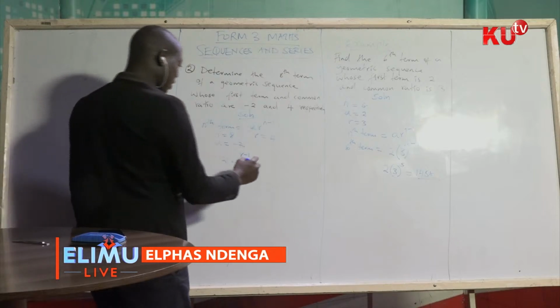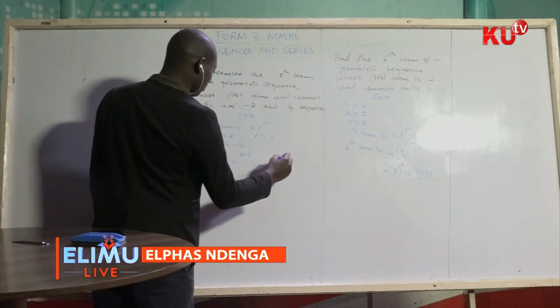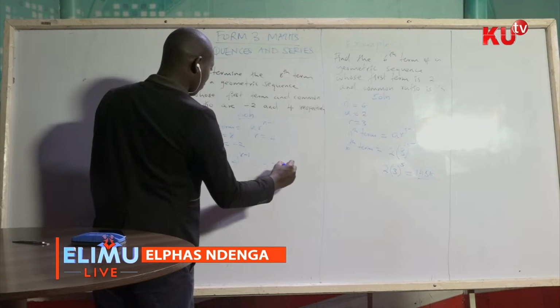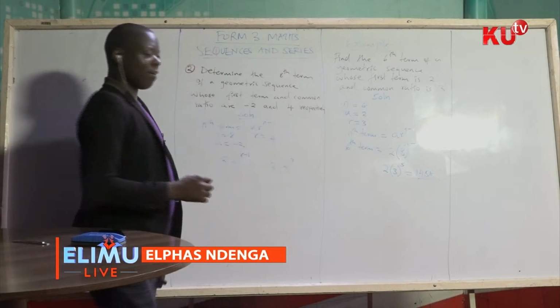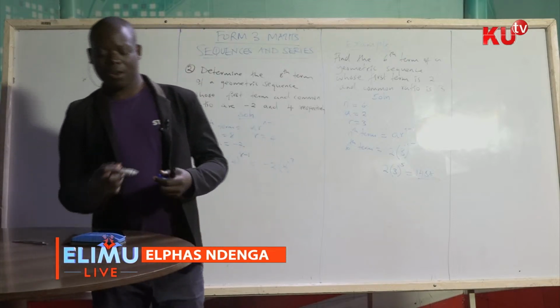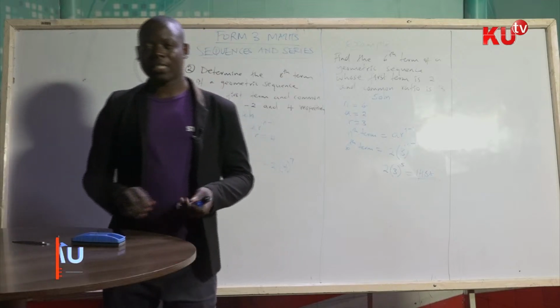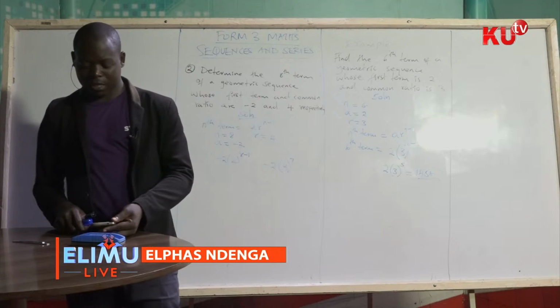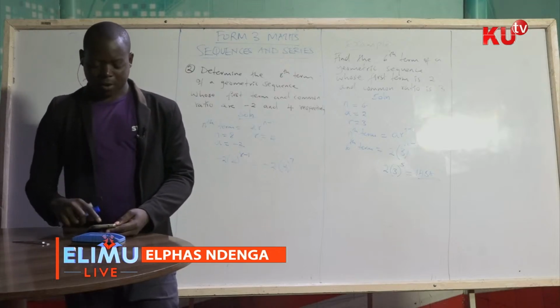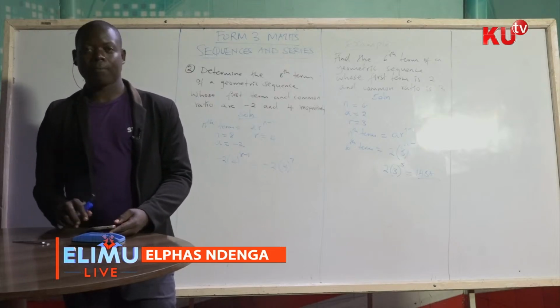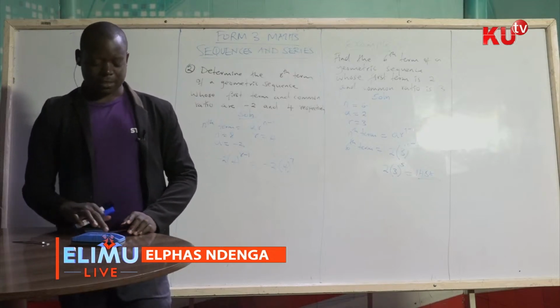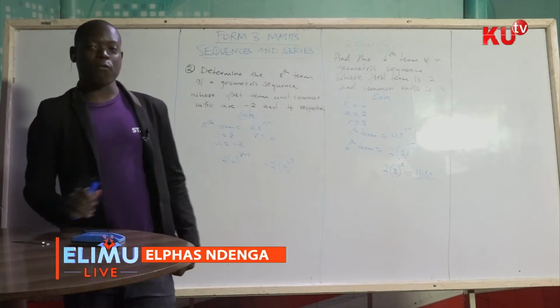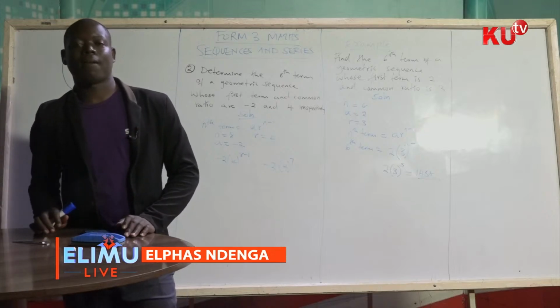That gives us -2 times 4 raised to power 7. Then we take out our calculators. Make sure you have your calculator on. Substitute in the figures. 4^7, what does it mean?